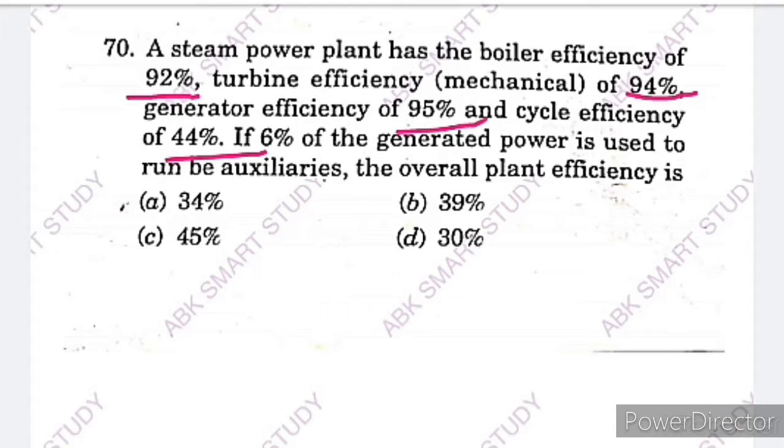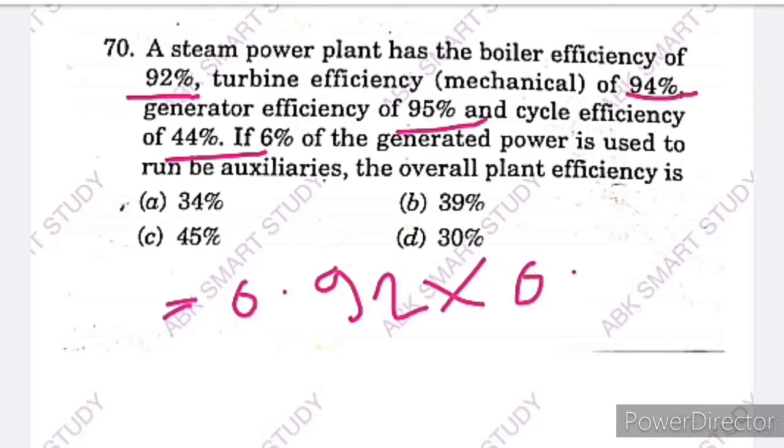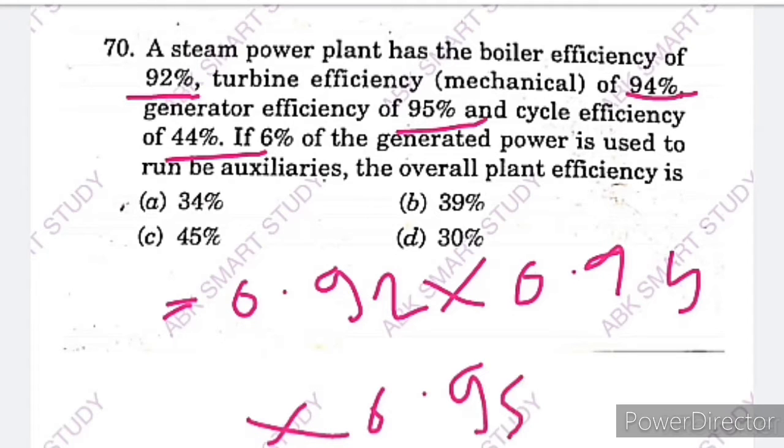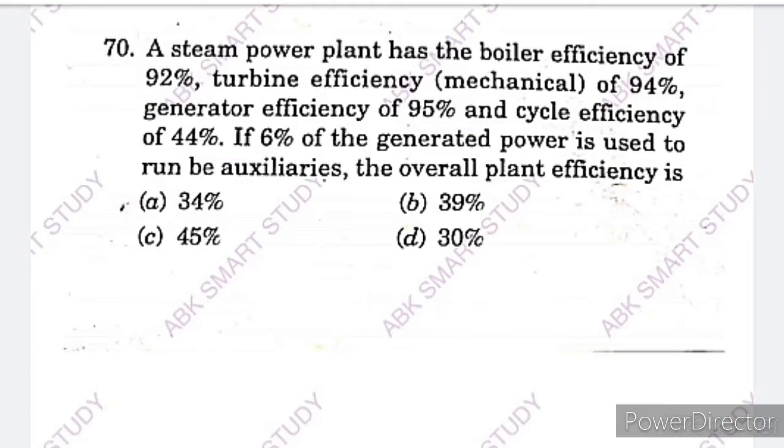Here the overall plant efficiency is the product of 0.92 into 0.94 into 0.95 into 0.44. The product is approximately 0.33, that is about 34%. So option A, the overall plant efficiency as the product of all the efficiencies, is 34%. Next question.